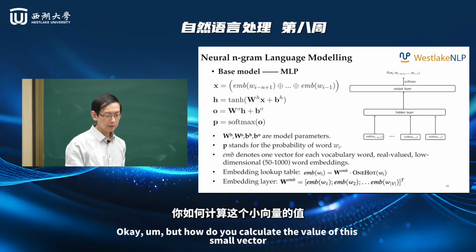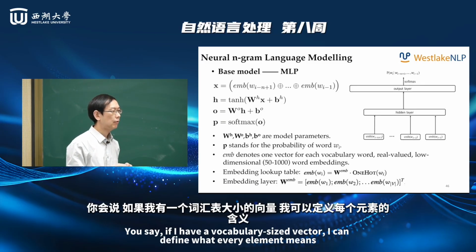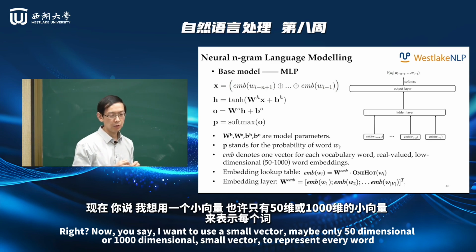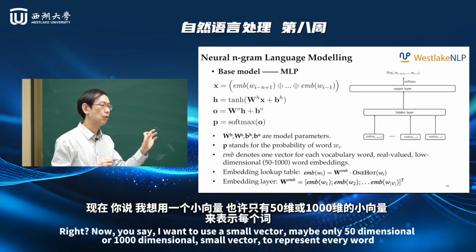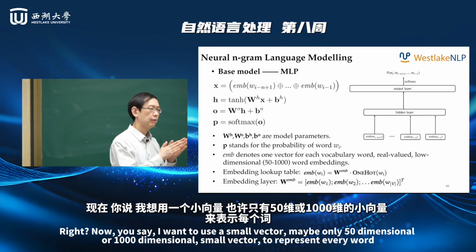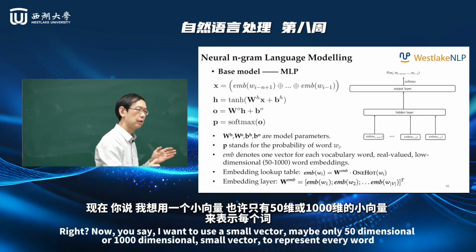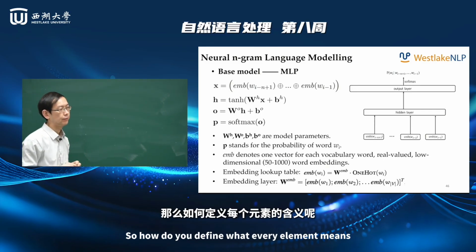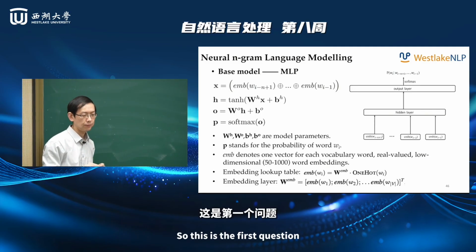But how do you calculate the value of this small vector? If I have a vocabulary size vector, I can define what every element means. Now you say, I want to use a small vector, maybe only 50-dimensional or 1,000-dimensional, to represent every word. So how do you define what every element means? This is the first question.